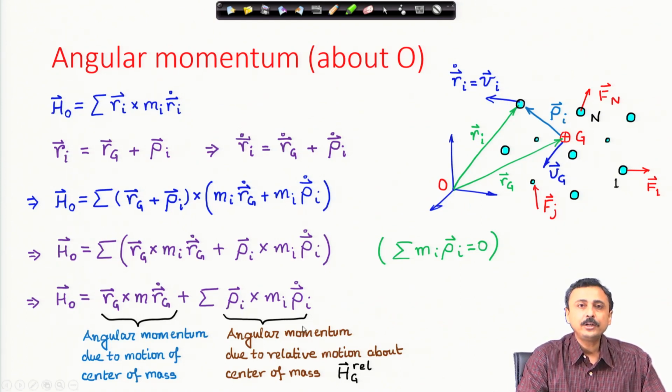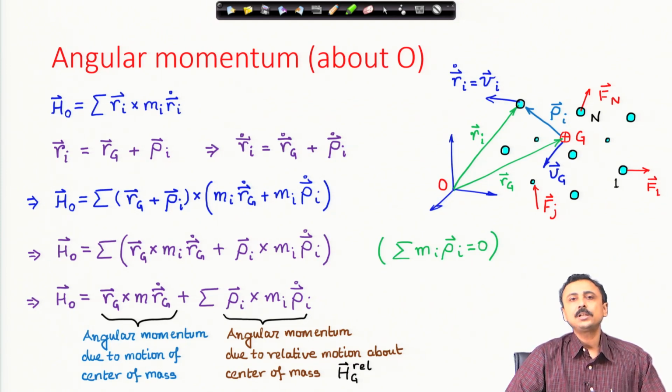because m_i rho_i dot is the relative linear momentum of the ith particle with respect to the center of mass, and rho_i cross m_i rho_i dot gives you the moment of that relative linear momentum. Therefore, this is denoted by H_G rel, the angular momentum of the system relative to the center of mass.